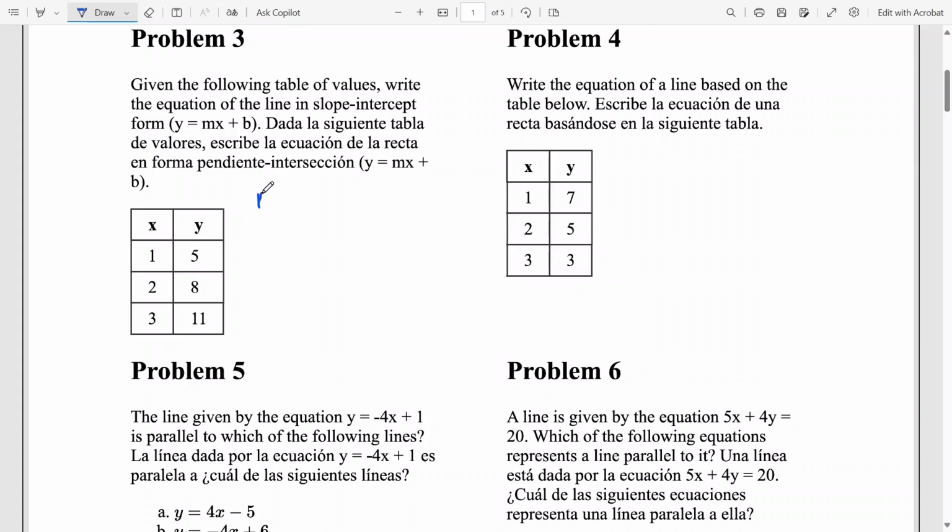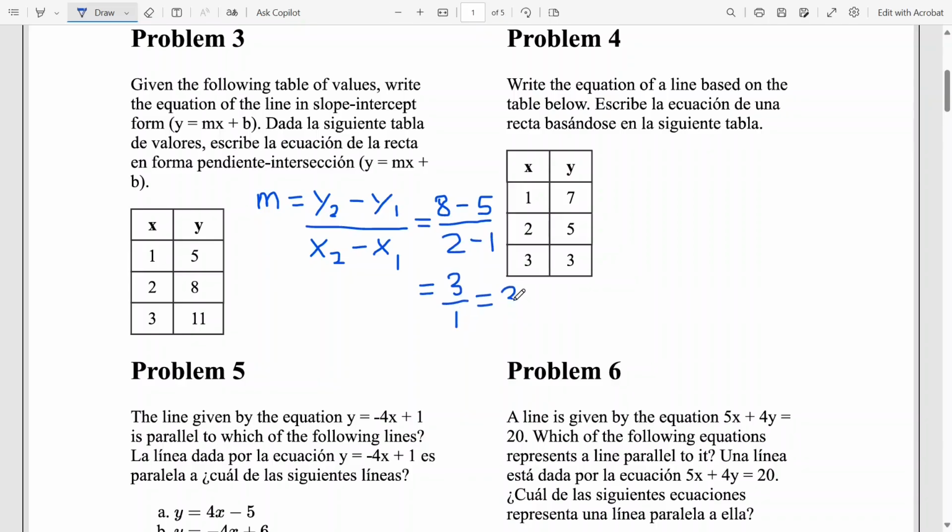So if we do our formula for slope, which is y2 minus y1, which basically means the second y value minus the first y value, divided by the second x value minus the first x value. Well, we have 8 minus 5 over 2 minus 1. So our slope, 8 minus 5 is 3, 2 minus 1 is 1, so 3 over 1.